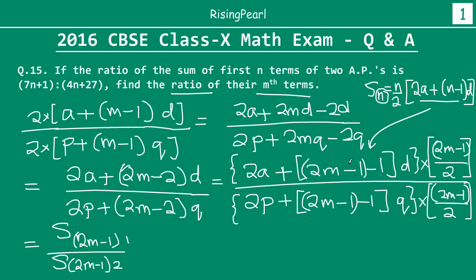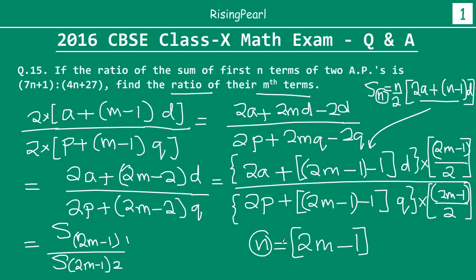I want you to pay close attention to the fact that it is 2m minus 1. So instead of n, which is the number of terms, we have 2m minus 1.